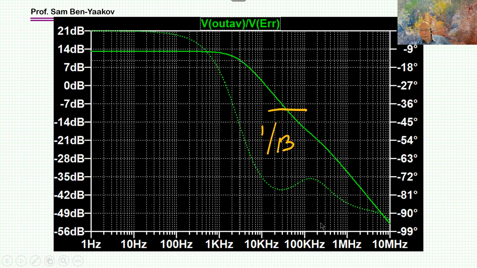You see, it's different. It goes down much slower, and the phase, you see, this is now 90 degrees, okay?